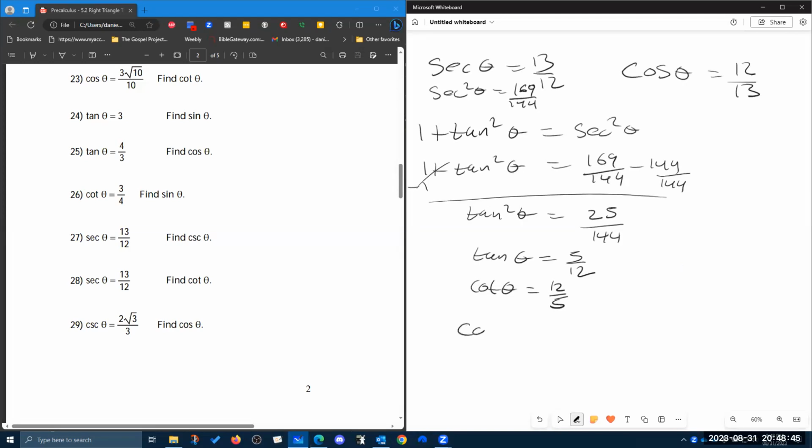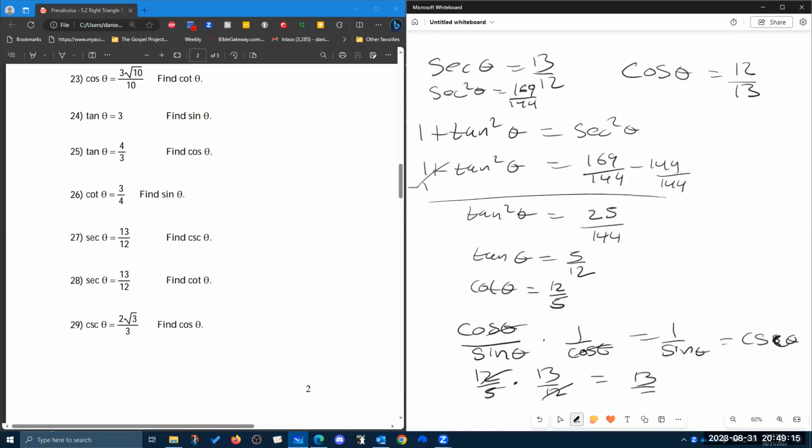So cosine over sine times 1 over cosine will leave me with 1 over sine, which is cosecant, which is what I want. So cosine over sine, which is cotangent, times my 1 over cosine, which is secant, is going to give me 13 over 5, which is going to be my cosecant.